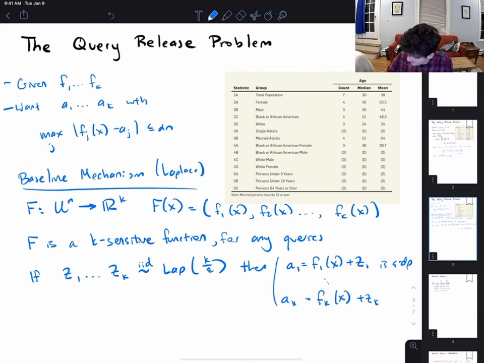So if I release this whole list where I've taken the true answer and added Laplace noise, I have epsilon-DP. That's our analysis of the Laplace mechanism.